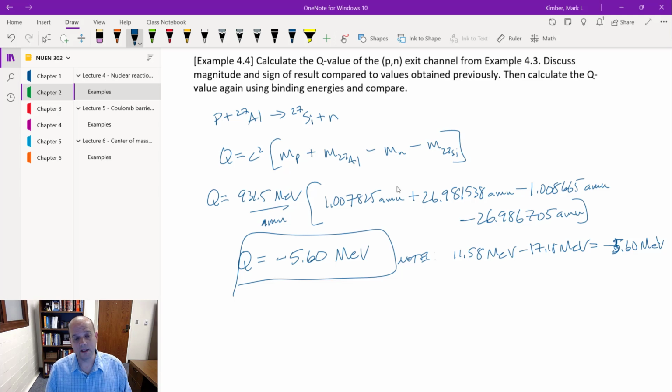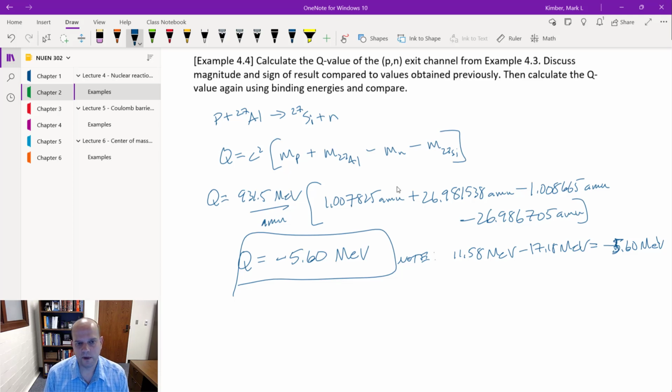And so what that means is that the proton needed to have an energy of 5.6 MeV. It needed to have a velocity that corresponds to an energy of 5.6 MeV. And if it would have, then this exit channel now becomes open to us. It's not impossible.